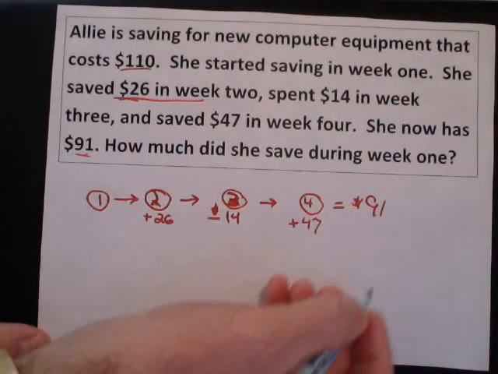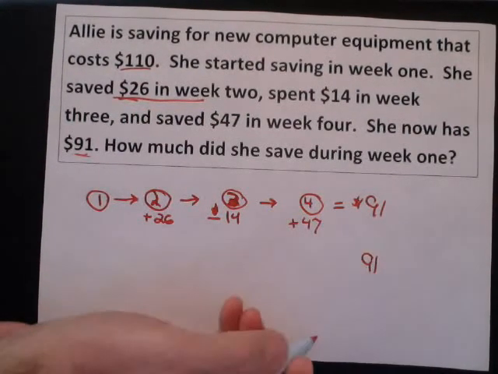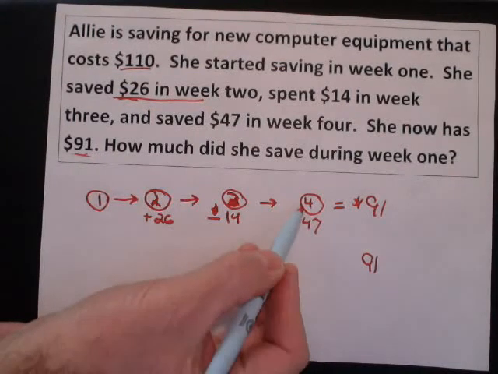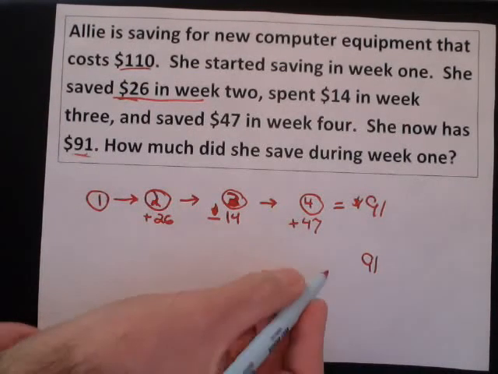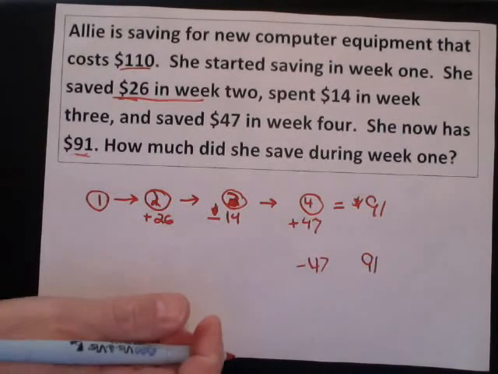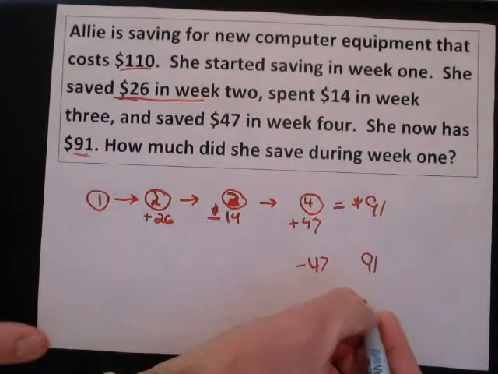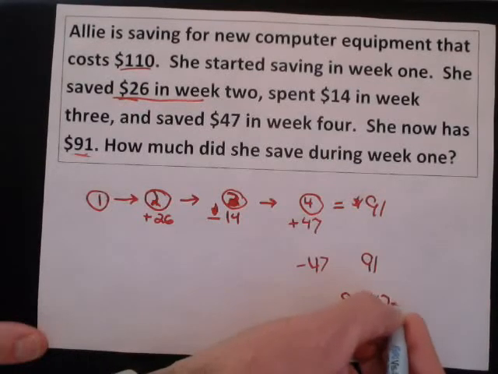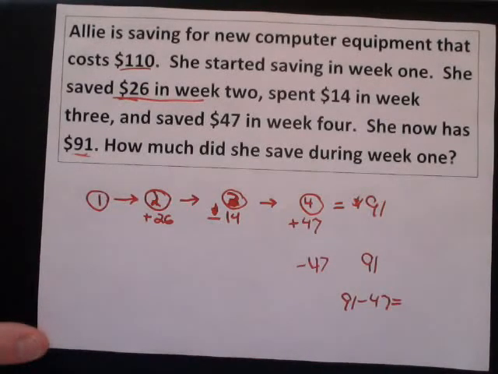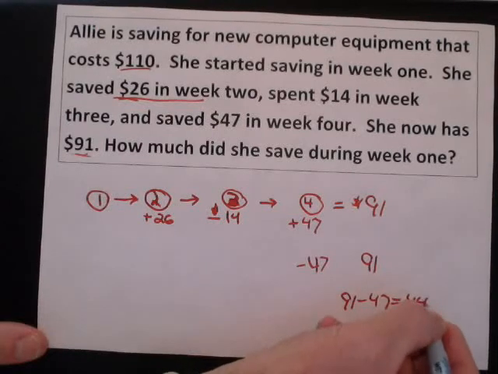So now what we're going to do is use the inverse operation. So let's take our 91, and instead of saving $47, we're going to turn that into a negative 47. So in this case, we would do 91 minus 47, and that would equal 44.